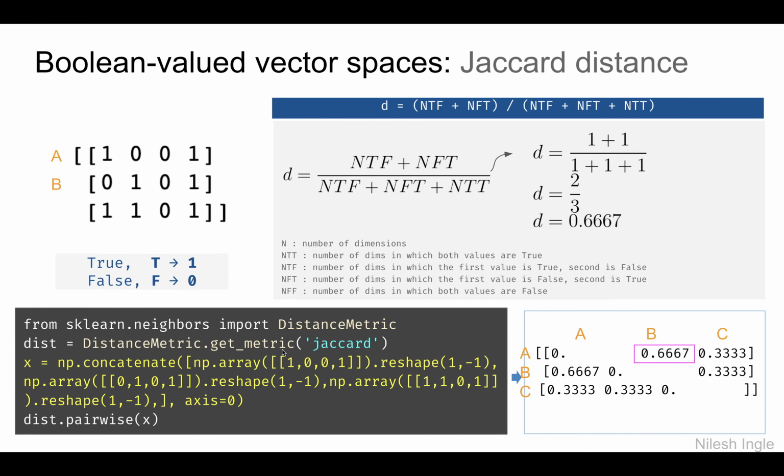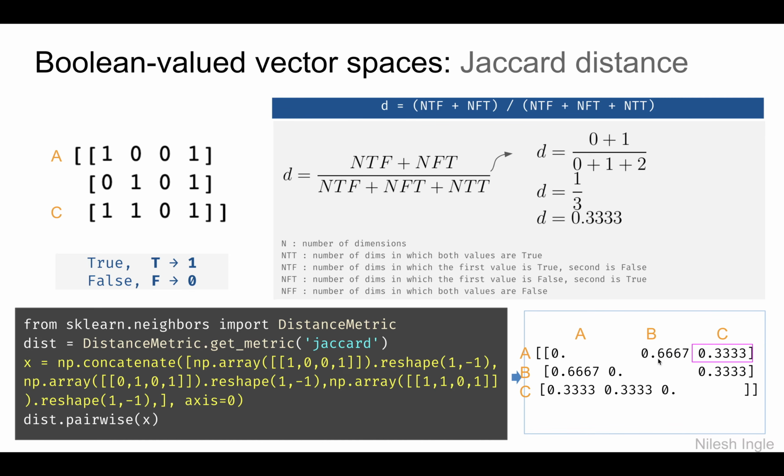And down here on the bottom left, we have the code for that. In the get metric, we need to specify Jaccard as shown here, and here x is the sample array that is shown up top, and when you run dist dot pairwise x, you get this output shown on the bottom right hand corner, where we can see the distance from A to B in the magenta box is 0.667.